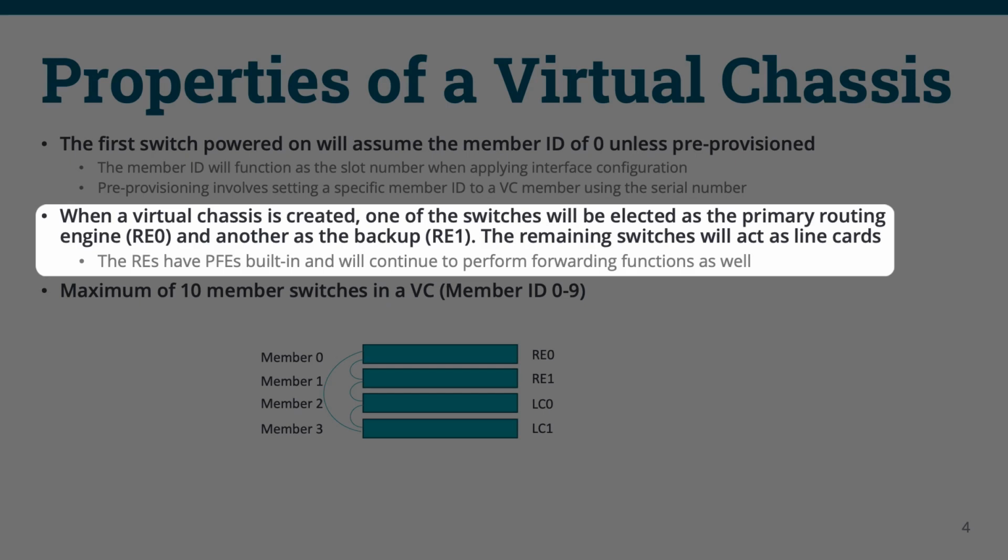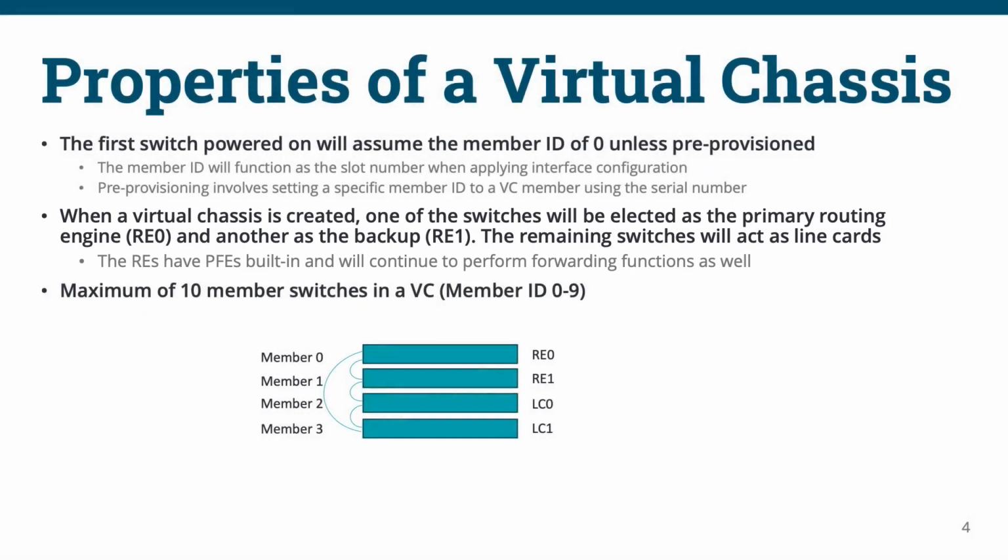And the second switch to power on will assume the role of RE1 with member ID 1. We can have a maximum of 10 switch members in a VC, with member IDs 0 through 9, though by default we will only have 2 REs.